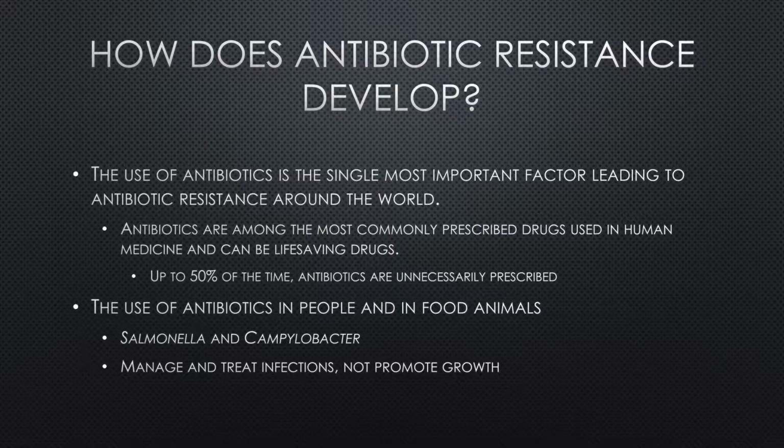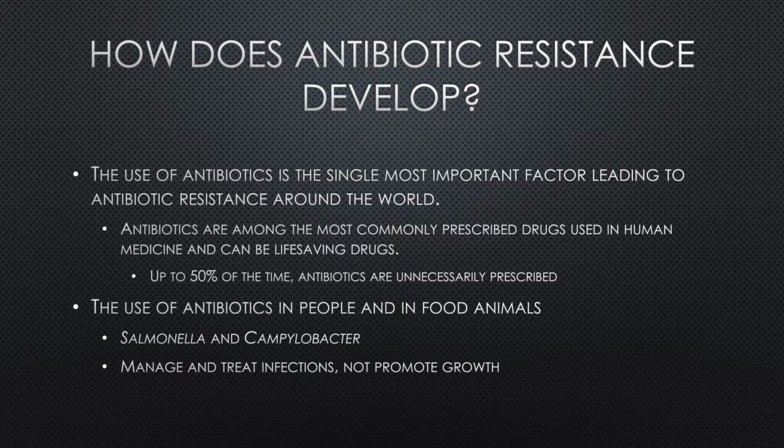So how does this develop? The use of antibiotics is the single most important factor leading to antibiotic resistance around the world. Antibiotics are also among the most commonly prescribed drugs used in human medicine and can be life-saving drugs. But at the same time, they can increase your risk of antibiotic resistance. Up to 50% of the time, antibiotics are unnecessarily prescribed, whether accidentally prescribed for viral infections or misdiagnosed.